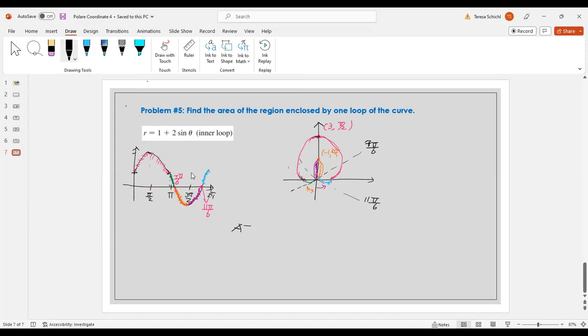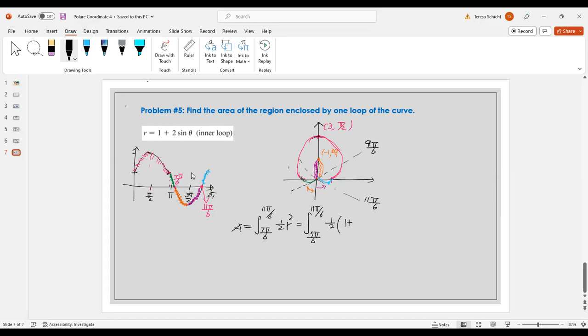So the area will just be, from 7π/6 to 11π/6, 1/2 r squared.